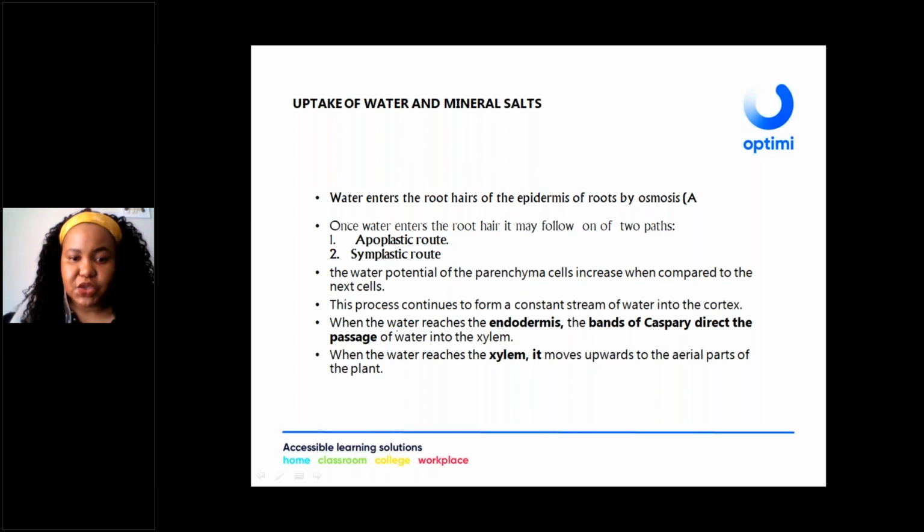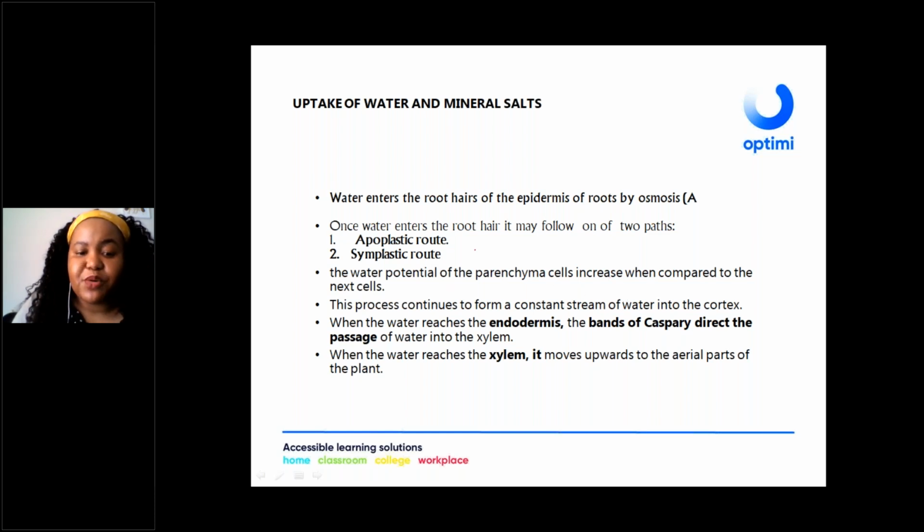Okay, so let's just go over that again. Water enters the root hairs by the process of osmosis, and it follows one of two paths. From there, the water potential of the parenchyma cells will increase.